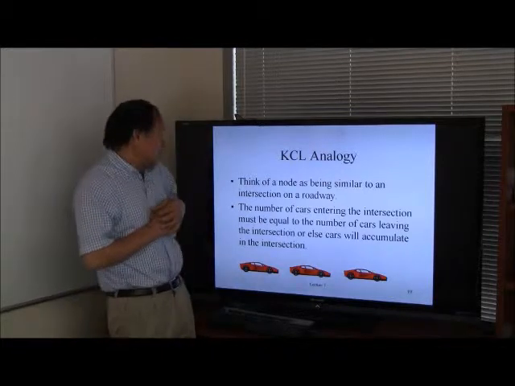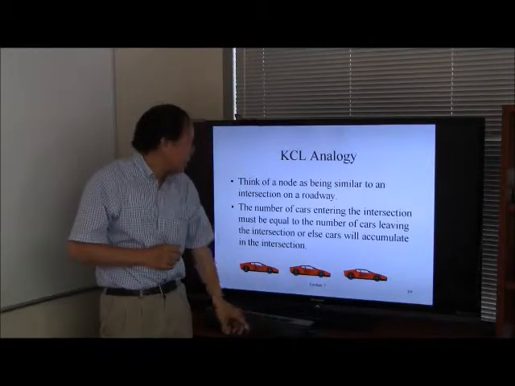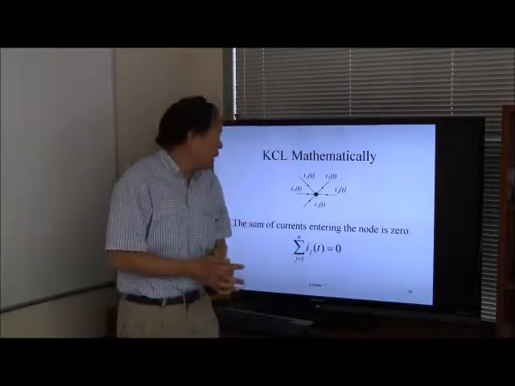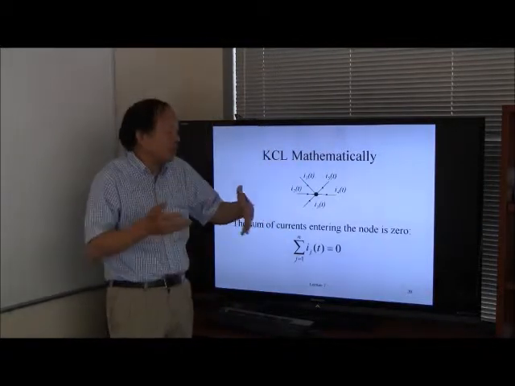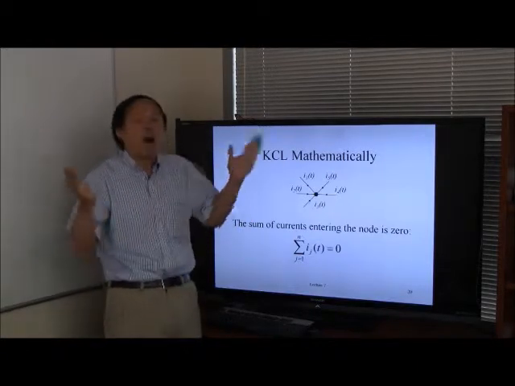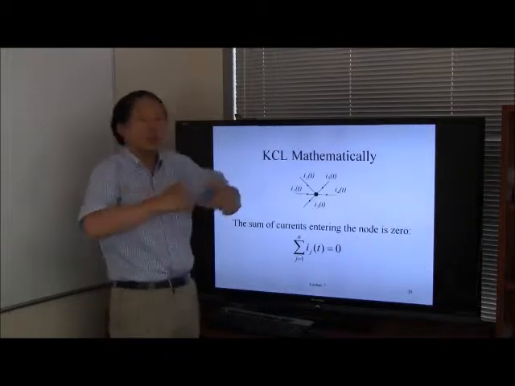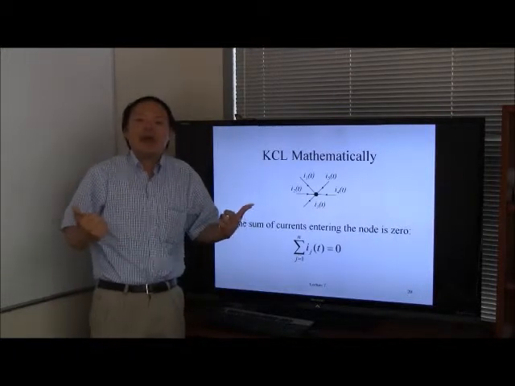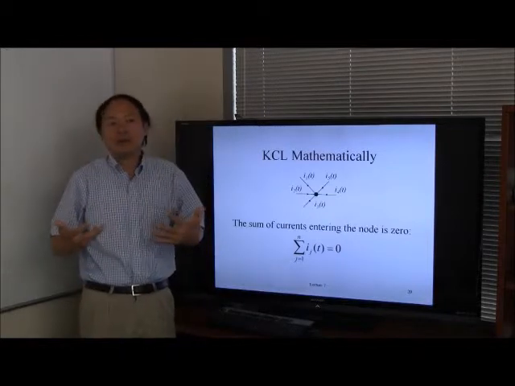Now, second, we can look at it mathematically. Very often it is convenient to look at current as being positive when it enters the node, which means that if it leaves the node, the actual value of the current is negative.